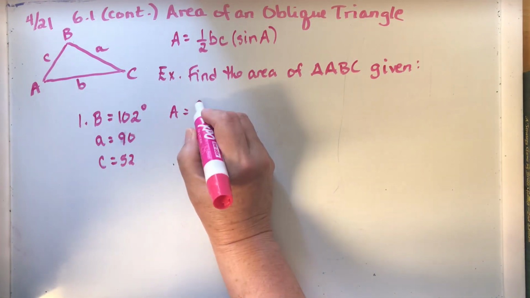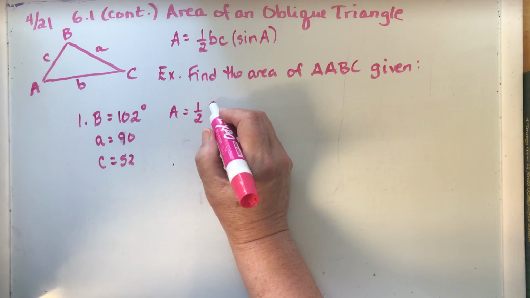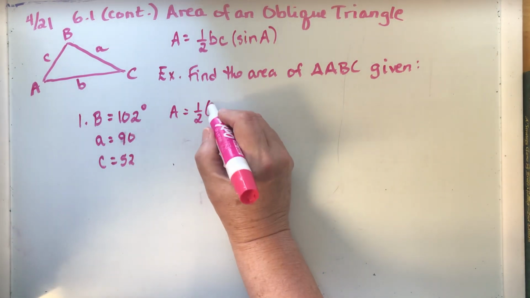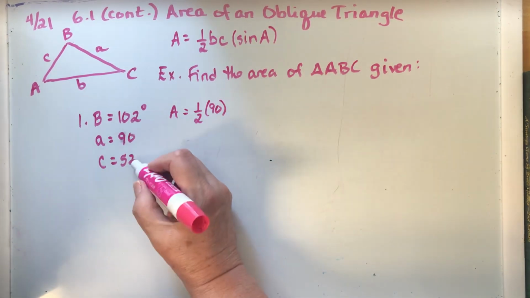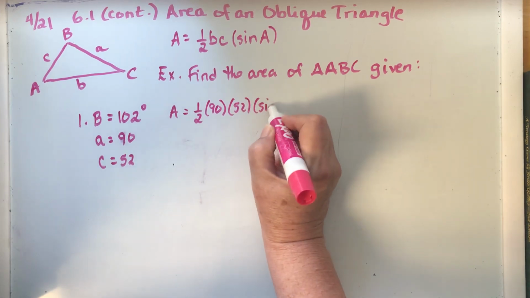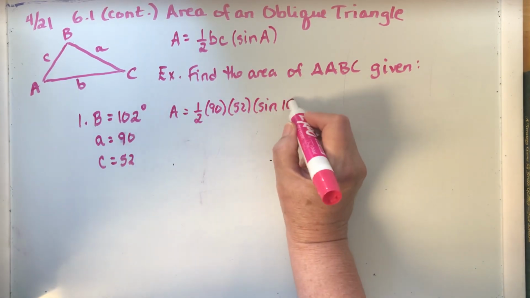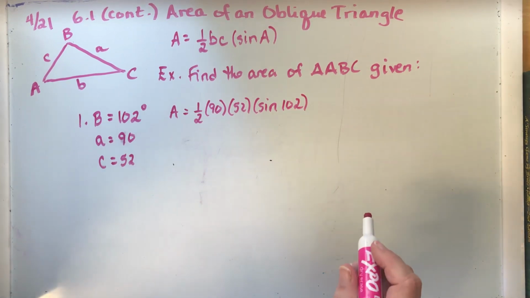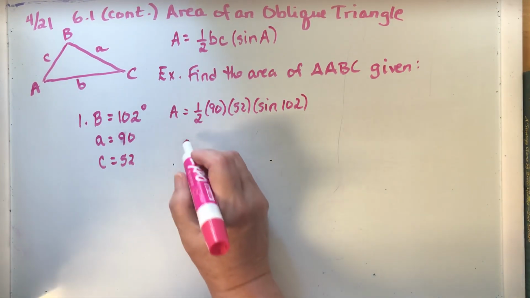So our area is going to be 1/2 times one of the sides, so in this case that'll be 90, times another side, 52, times the sine of the angle that's in between them. In this case, that's going to be sine 102, and they are all going to stay really this easy.